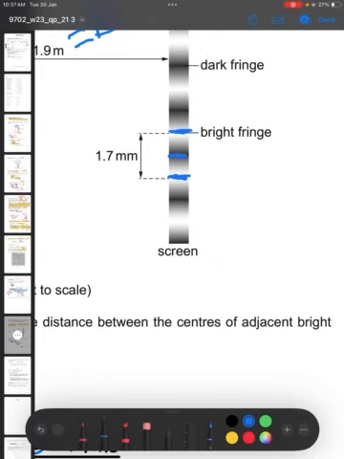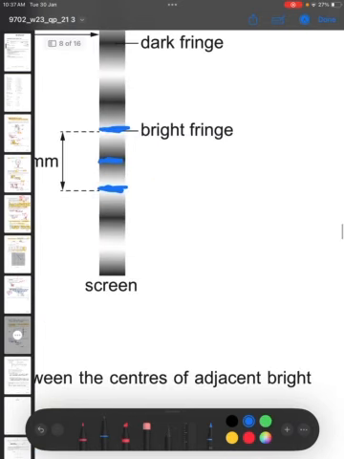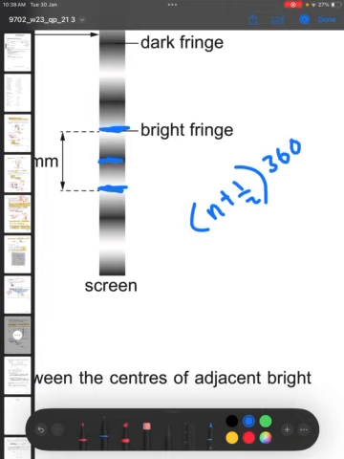Antiphase means that the phase difference is 180, 540 degrees, or the like. For antiphase, which produces destructive interference and the dark fringe, we can find the phase difference by saying (n + 1/2) times 360 degrees, where n starts from 0, 1, 2, going like that.